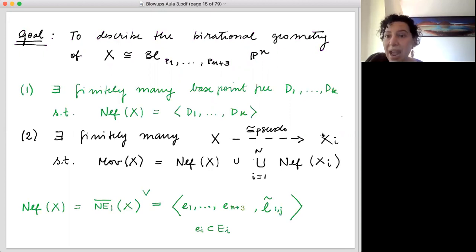This was something that I stated on Tuesday. You know that the Mori cone, the cone of curves of the blow up of Pn at n plus 3 points, is still generated by the classes of lines on the exceptional divisors, together with the classes of the strict transforms of the lines through 2 of the points.